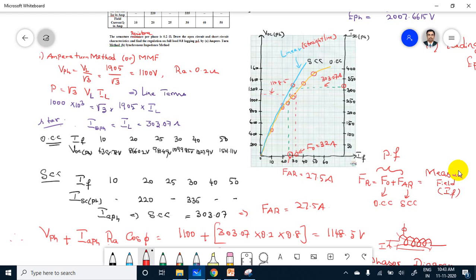So this is 53.25. Please go here. This point will be 53.25. This point is FR.